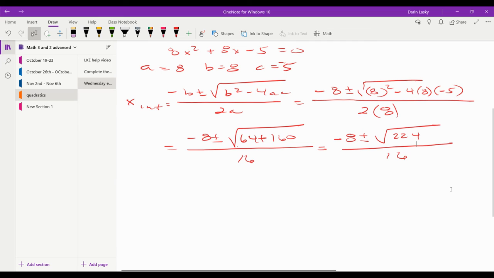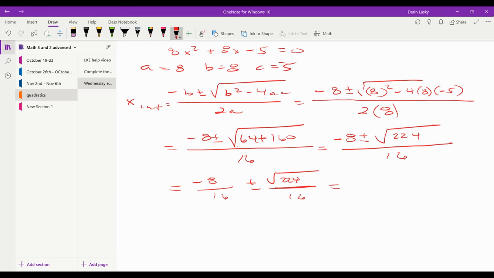now we've got some work to do. We've got a couple of different pieces to work with. You can just right now plug it into your calculator and get your answers. Or you can split it in half like we did before, and say -8 over 16 plus or minus the square root of 224 divided by 16, and then you'll get your two answers.